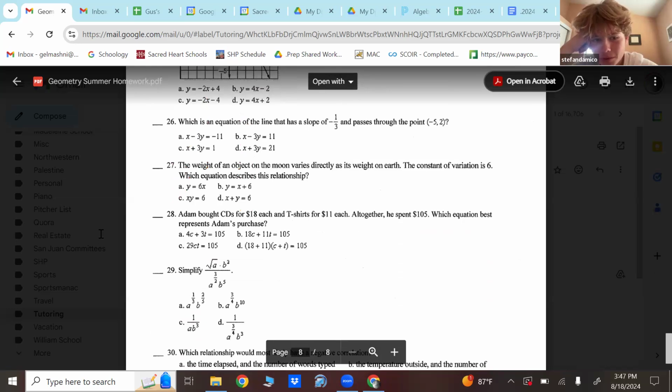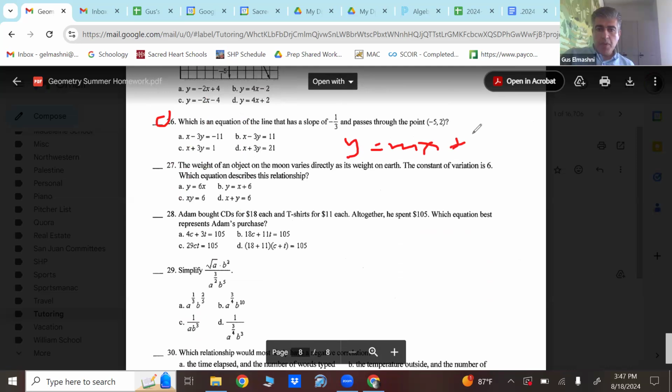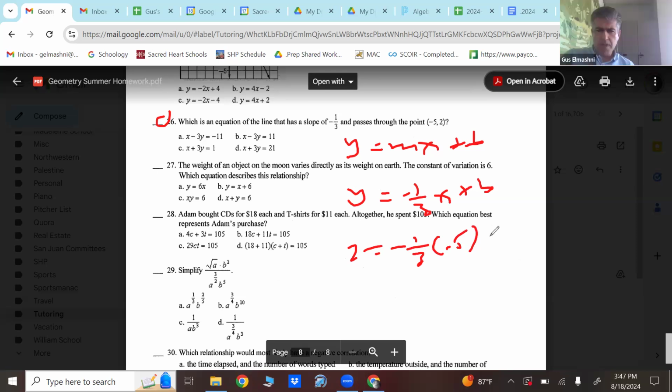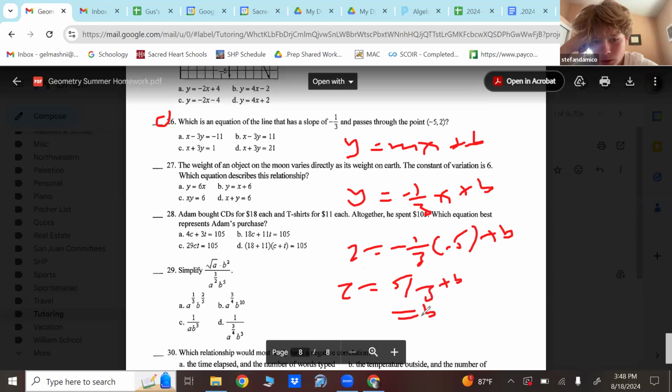How do you actually solve 26? So y equals mx plus b. Your m is the slope, so it's -1/3. And then you're given a point. You plug it in for x and y. Wait one sec, this is weird. So your b is 1/3. Okay, I guess you have to multiply by 3 then. So y equals -1/3 x.